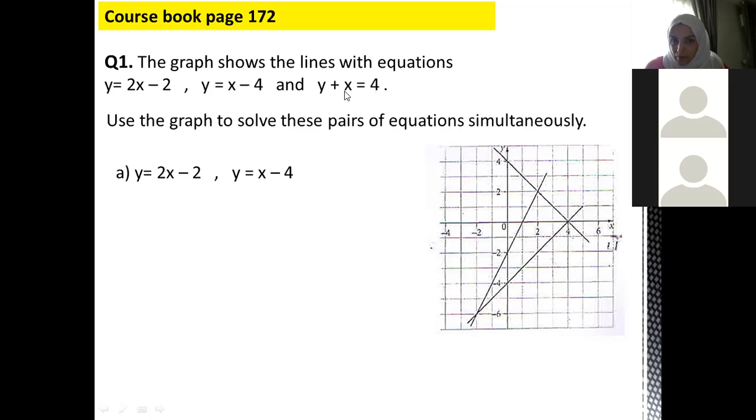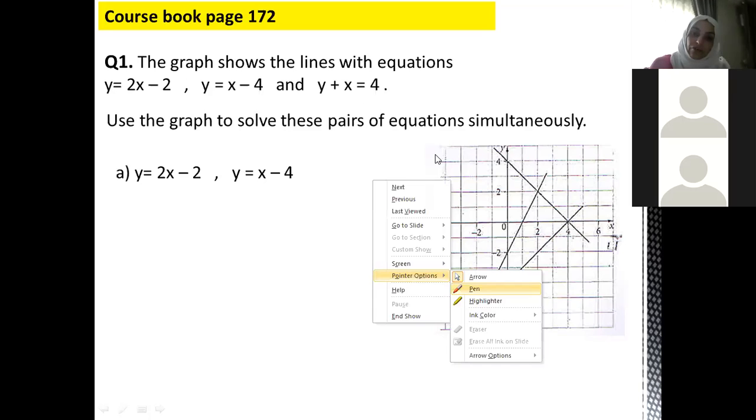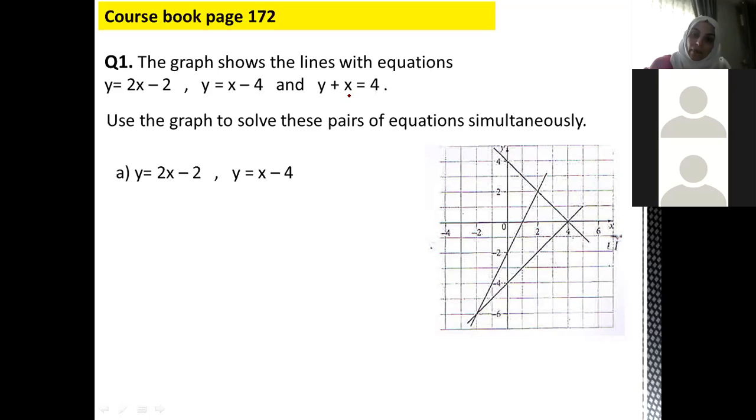Taha, can you change this equation into the form of y equals mx plus c? Do you know how? We did it yesterday, how do we do it? What do we need to do here? We will take x to the other side, so we will minus x from both sides.